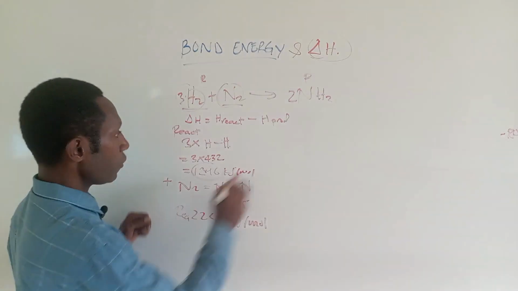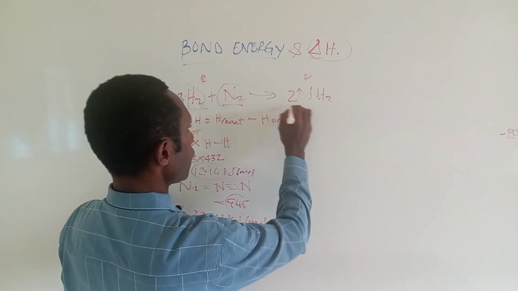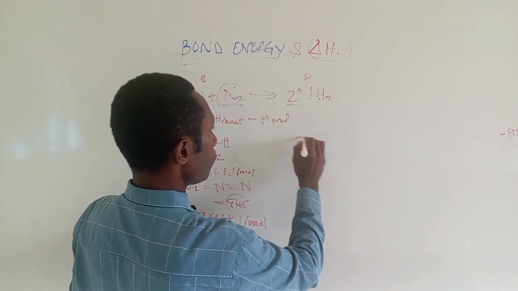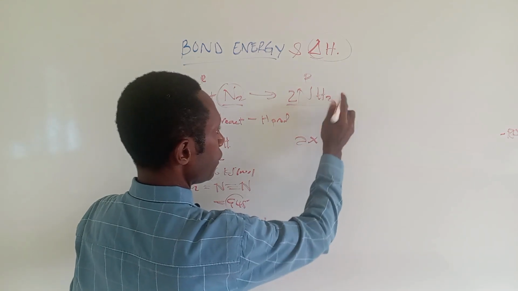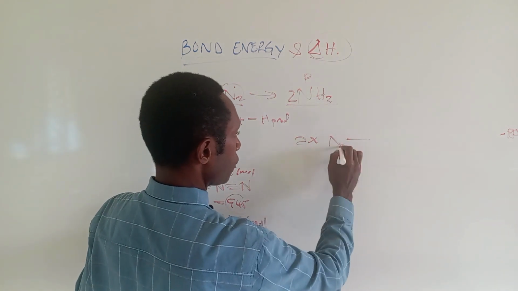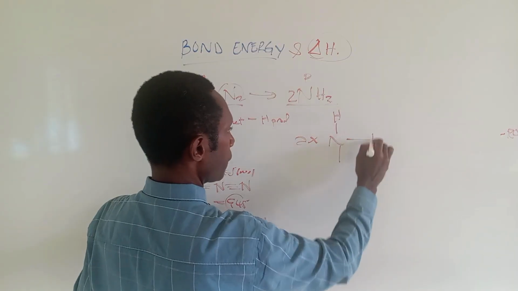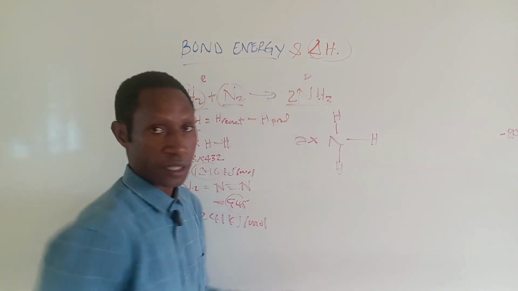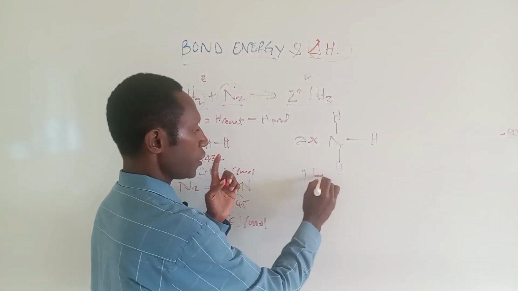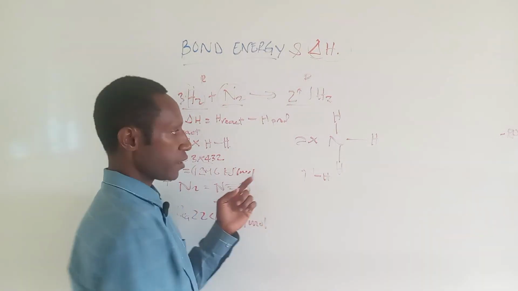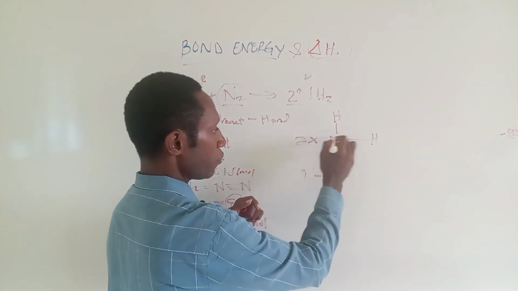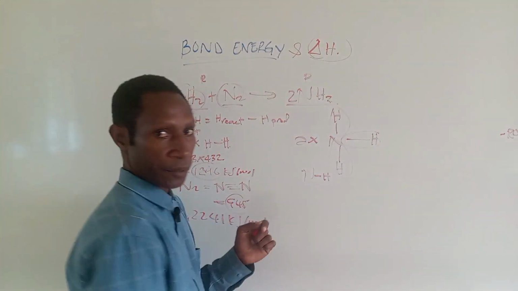All right, now let's find for the products. This one, 2 moles times NH3, yeah? So then 1, 2, 3. So it's the bonding between nitrogen and hydrogen. So how many bonds? 1 bonding, 2 bonding, 3 bonding. There are 3 of them.